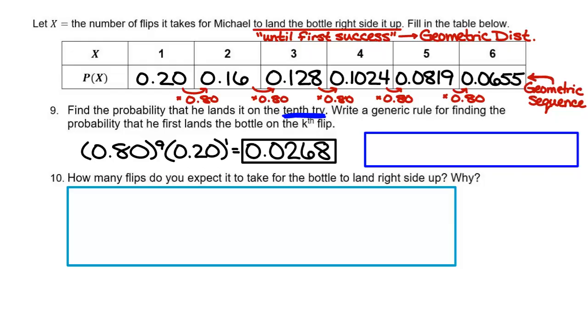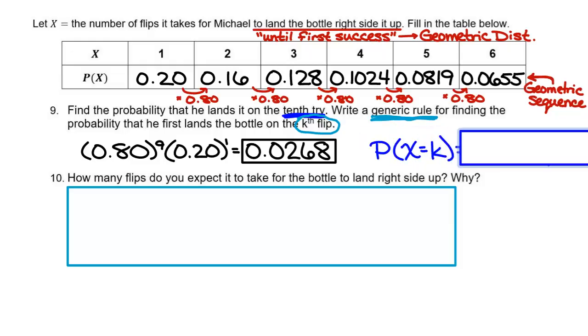Let's come up with a generic rule that we can use for landing it on the kth flip. So the probability that x is equal to k in my geometric setting. Yes.